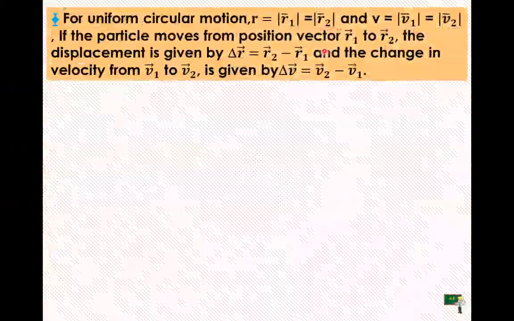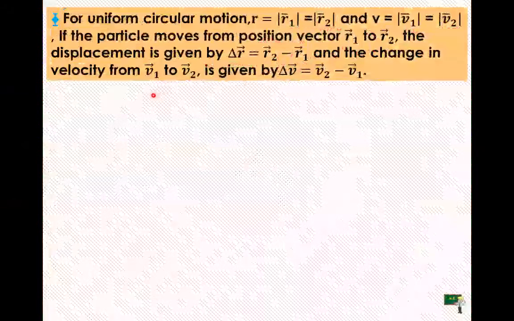If the particle moves from position vector r1 to r2, the displacement is given by del r is equal to r2 minus r1. That means the final radius vector minus the initial radius vector.